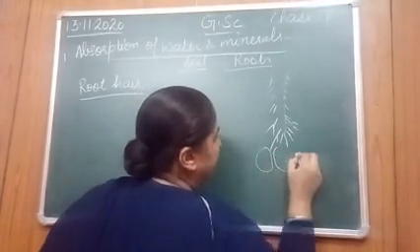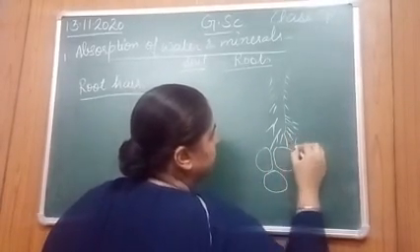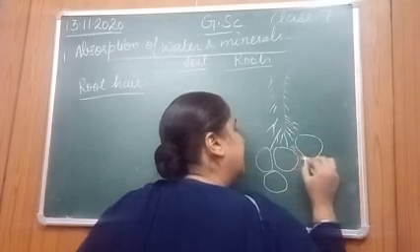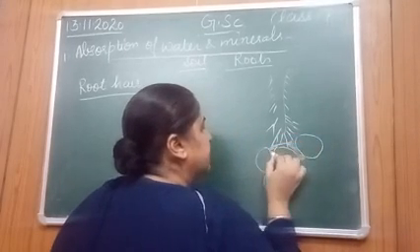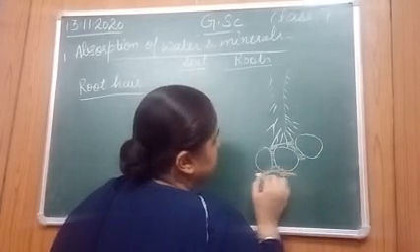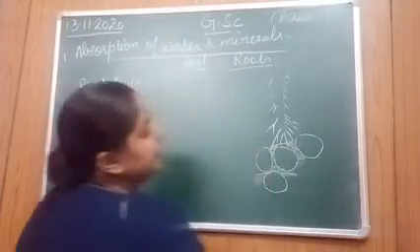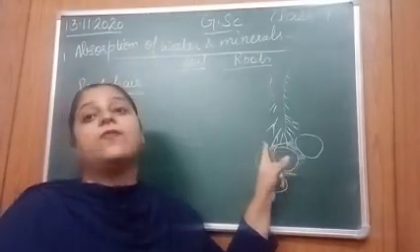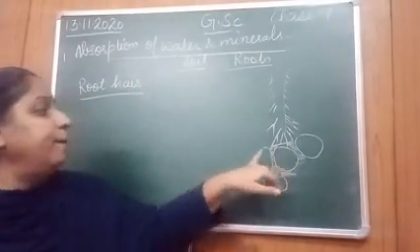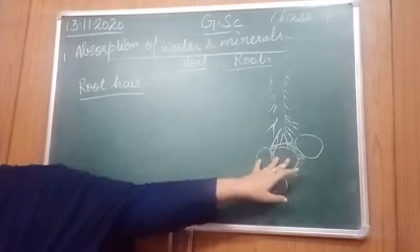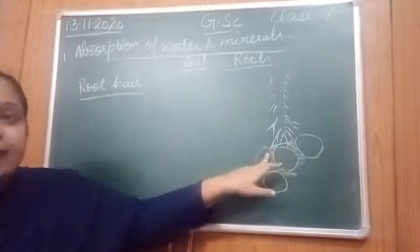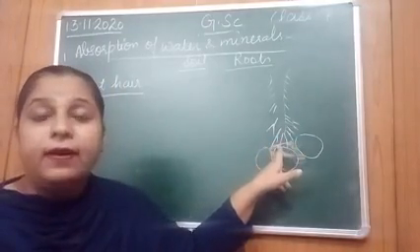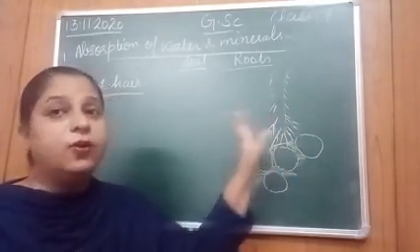Look, suppose these are the soil particles. Water and minerals are present in between these soil particles. So these roots absorb this water and minerals from in between the soil particles, and this absorption is done by the root hair of the roots.